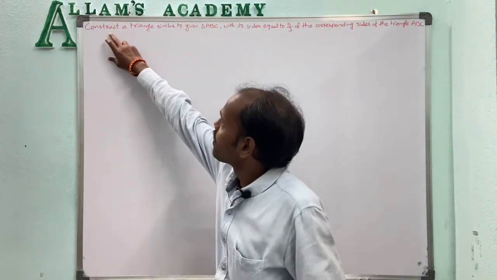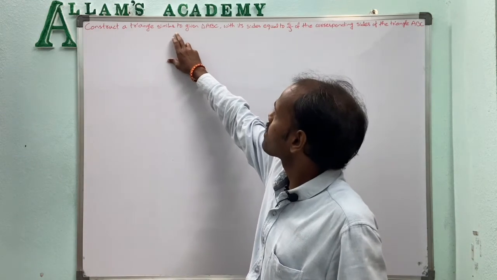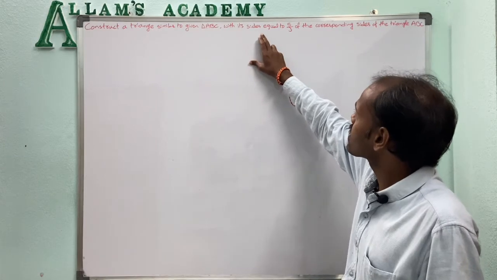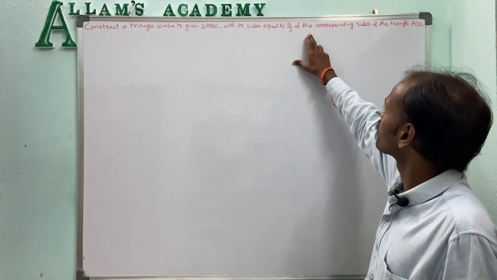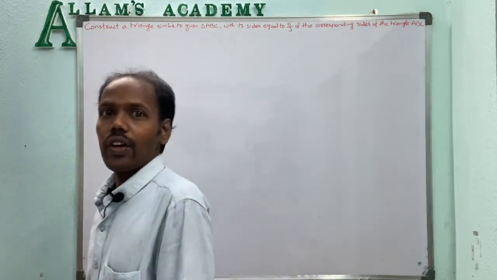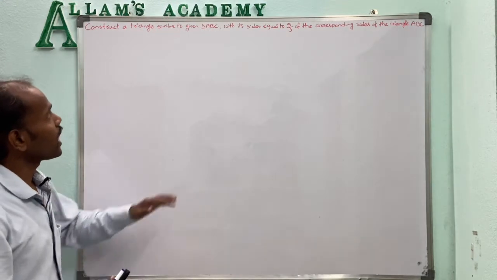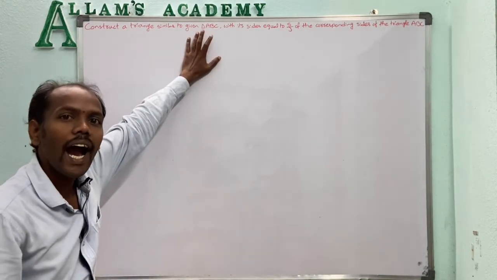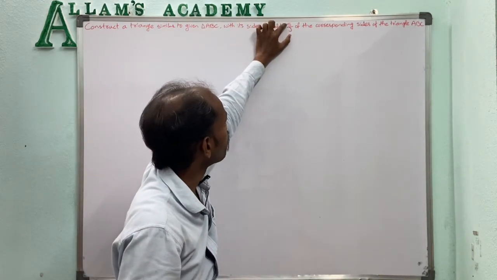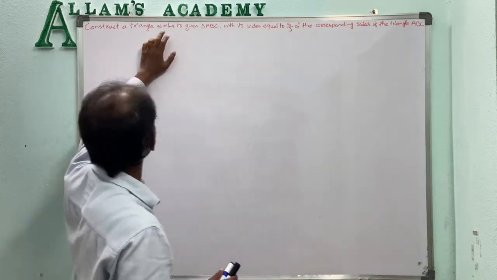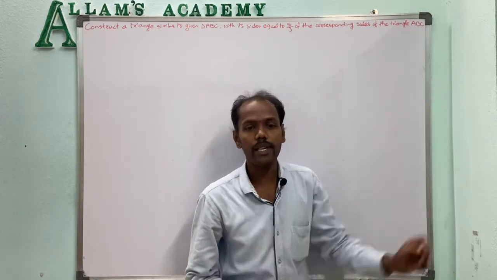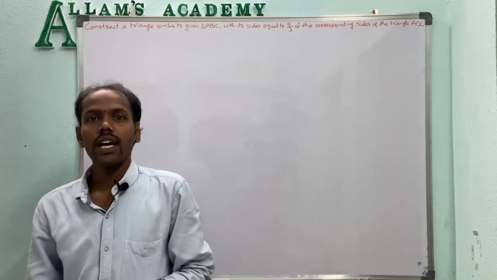The next problem given is to construct a triangle similar to given triangle ABC with its sides equal to 5 by 3 of the corresponding sides of triangle ABC. So with our own measurements draw a triangle ABC, and this triangle 5 by 3 times more, a similar triangle we want to draw for the triangle ABC. That is the information given.